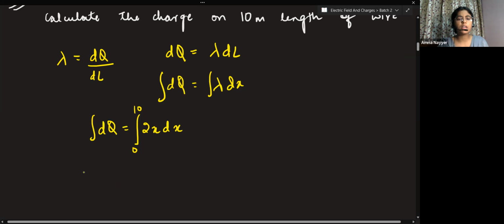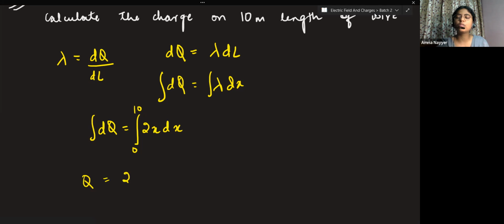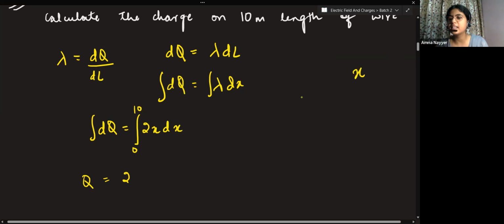Now simple integration. Integral of dq will give you q only, that is the charge that you have to calculate. 2 is constant. All those who have forgotten it, if you have x to the power n, then while integrating, this becomes n plus 1 and it gets divided by n plus 1. This is how we solve it.